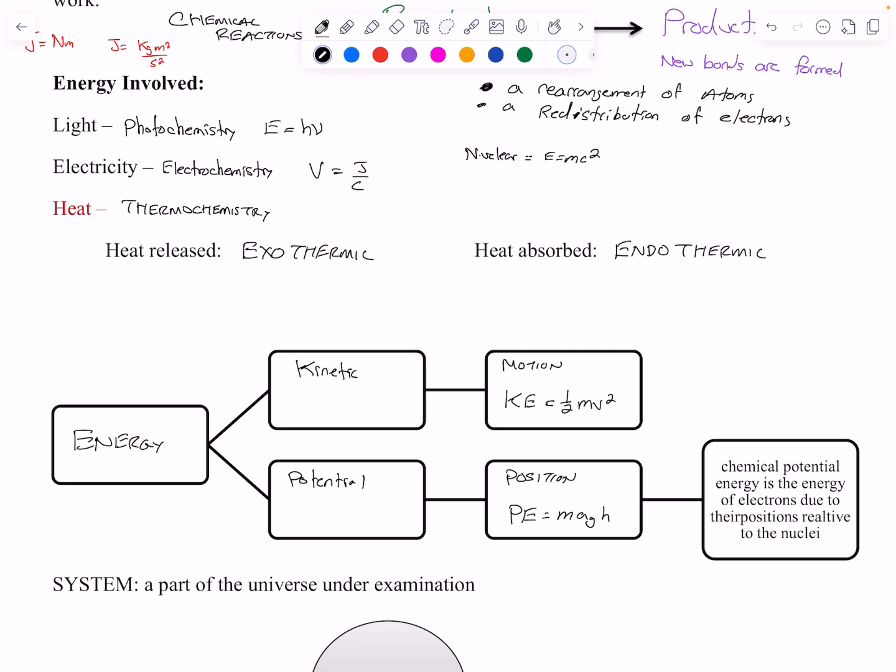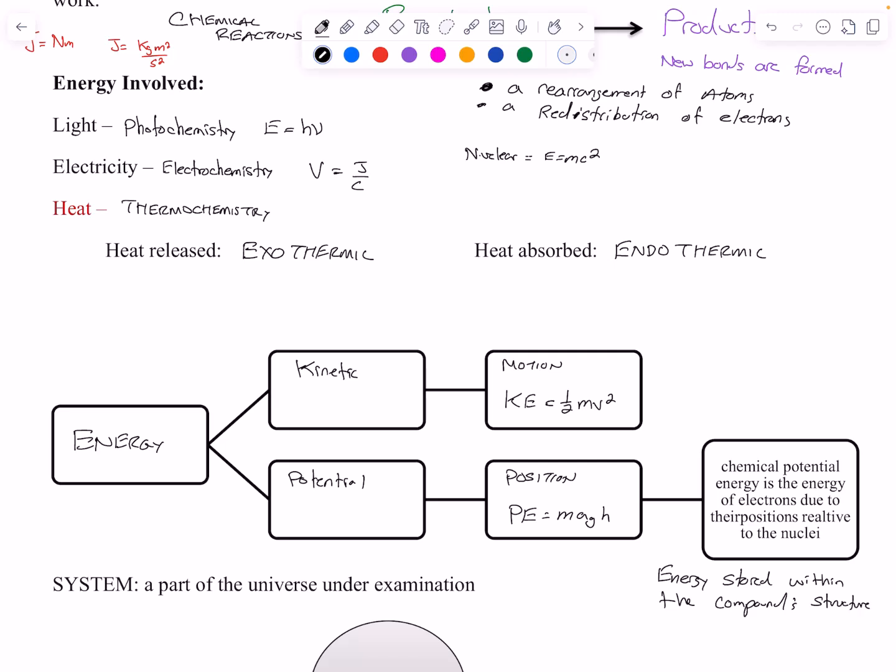All right, a lot of it is due to the electrons and how they're configured to the nuclei in the whole, right? But it's energy stored within the compound. All right, the compound. Let's call it the compound's structure.